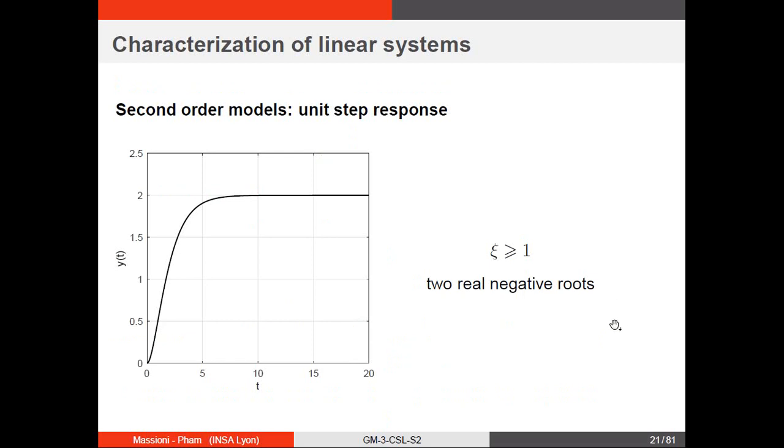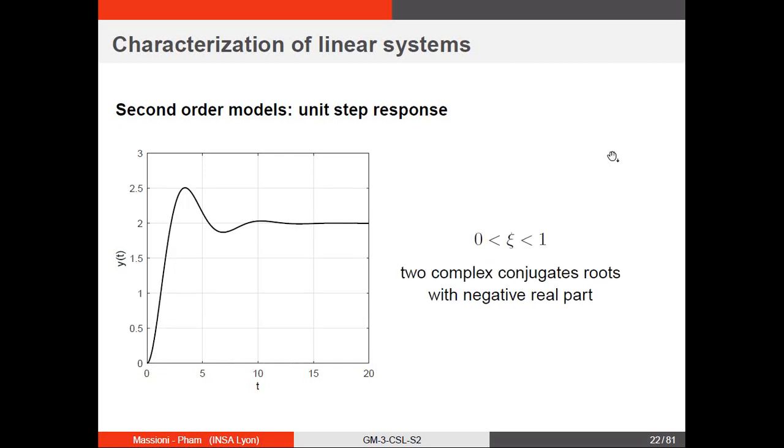If psi is greater than 1, this corresponds to a positive discriminant, so you have two separate negative roots for the polynomial at the denominator, and the step response will look more or less like the first order step response.